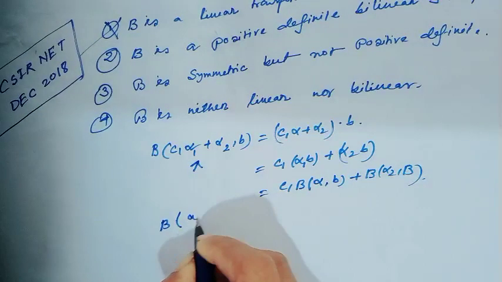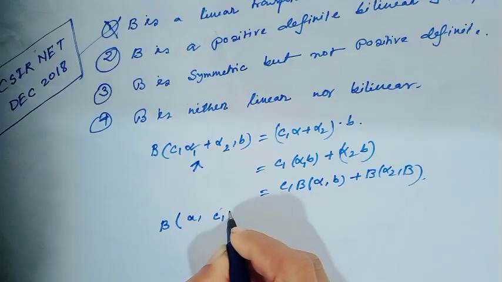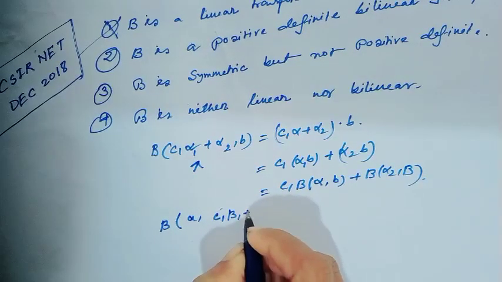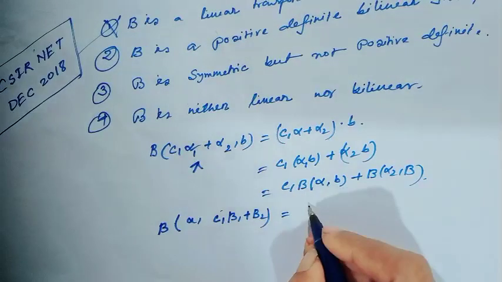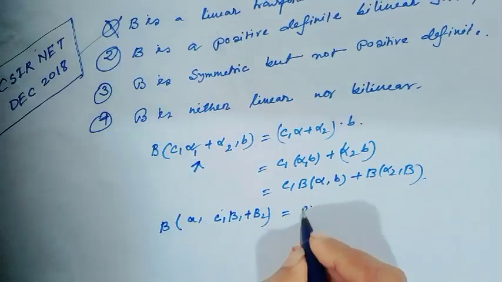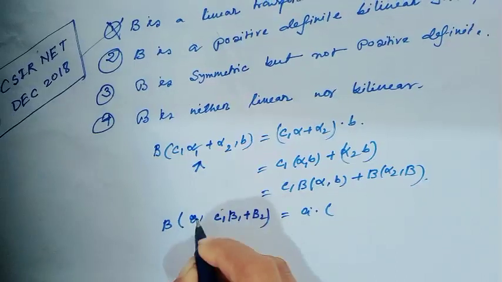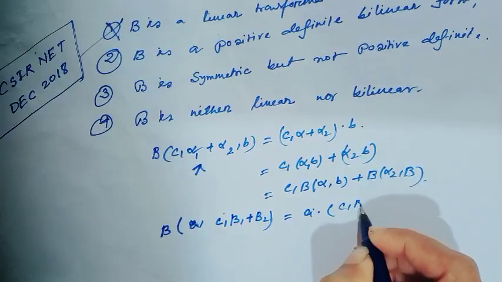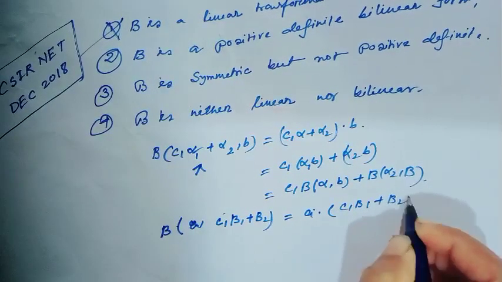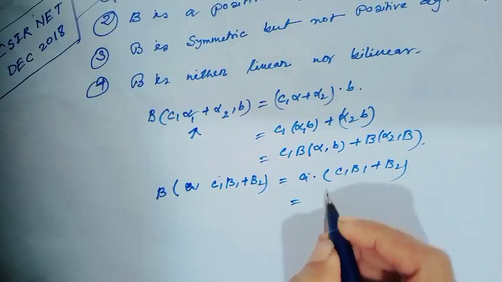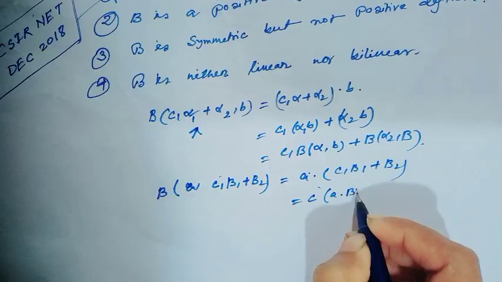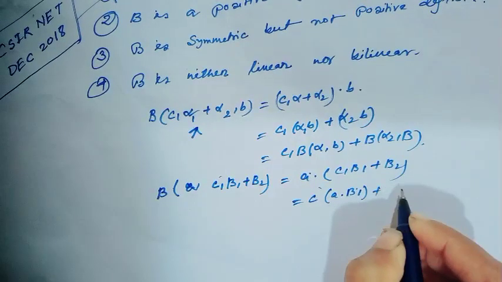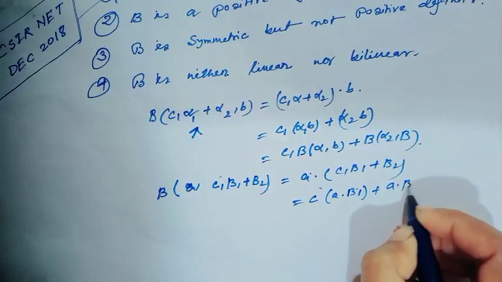Okay, similarly this is linear in the first component, and similarly this is linear in the second component. So B of (a, c1 beta1 plus beta2) would be, by definition, a times (c1 beta1 plus beta2), and this is actually equal to c1 times a times beta1 plus a times beta2.